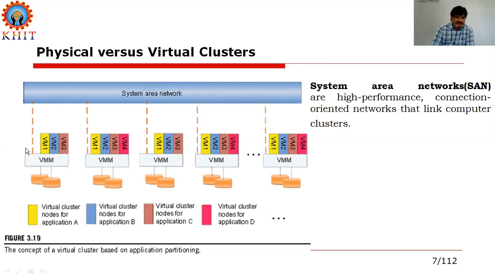Here the first one is leading with 3 different virtual machines, 1, 2, 3. So these virtual cluster nodes are A, B, C, and another one is running with 4 different virtual clusters, and this is running with 3, and this is running with 4. So all virtual machines are running with 3 or more different applications at the same time. So we can conclude that finally a virtual cluster is a cluster which can be constructed over the network.